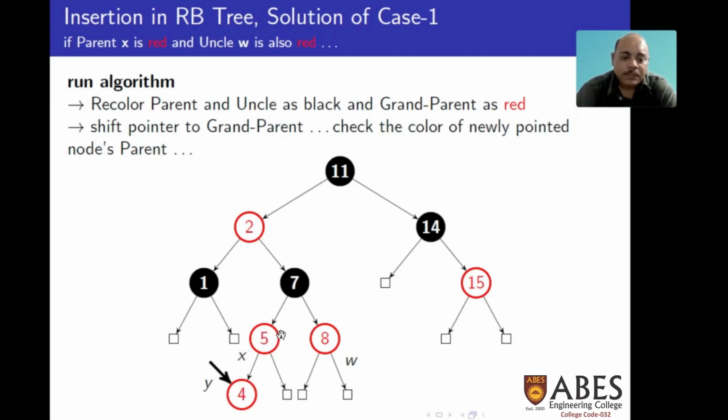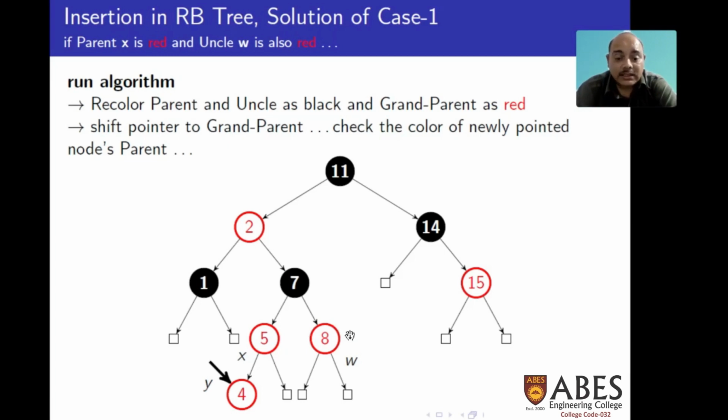Very first thing. Second thing, to maintain that in this particular local cluster only one black node is there, which is on this level, we will provide black color to 5 and 8, so that on this particular level only one black color is there.